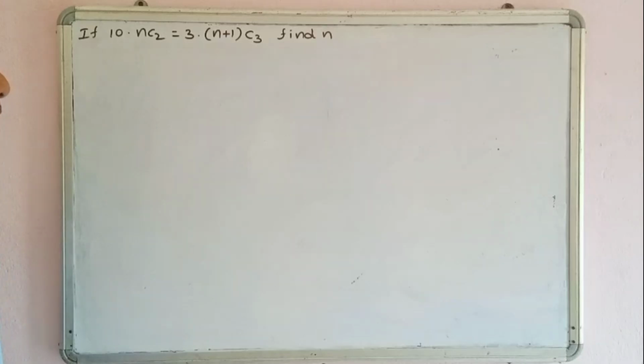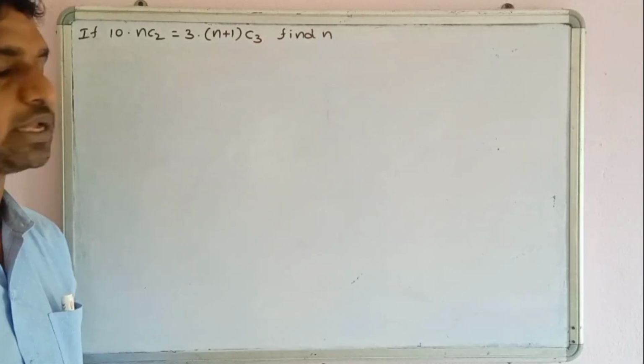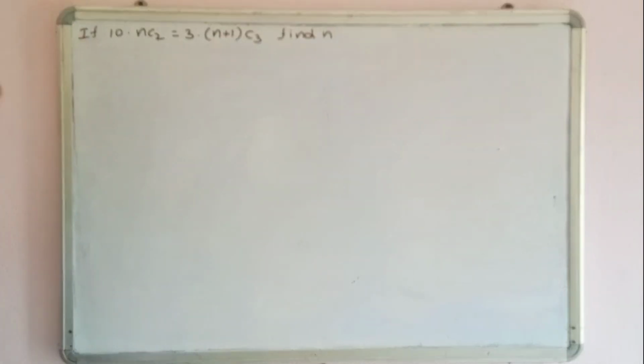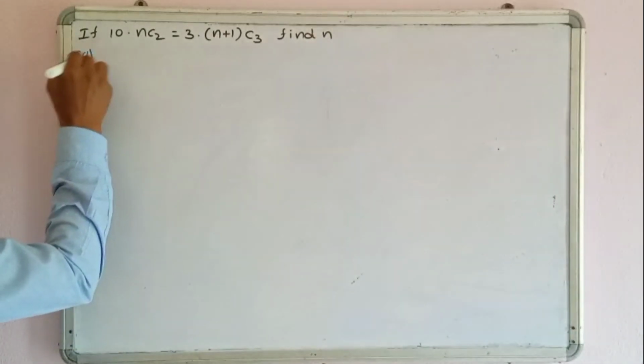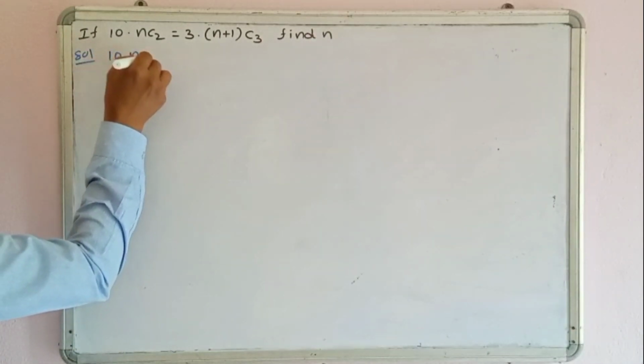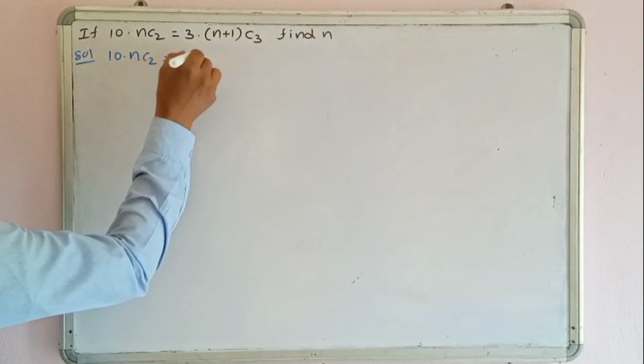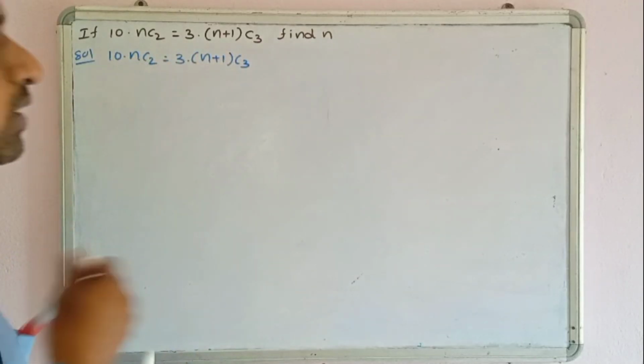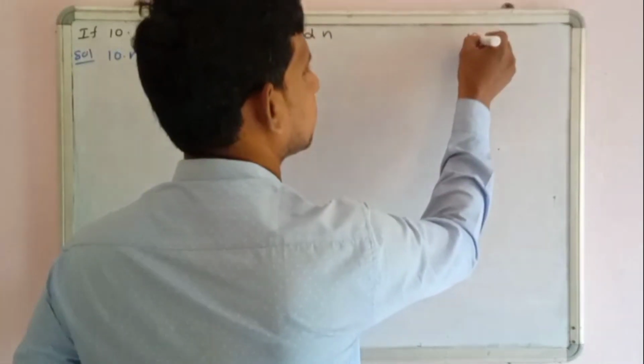If 10 into nc2 equals 3 into n plus 1 c3, find the value of n. Okay, see the solution. 10 into nc2 equals 3 into n plus 1 c3. Okay, we know that what is the NCR formula?